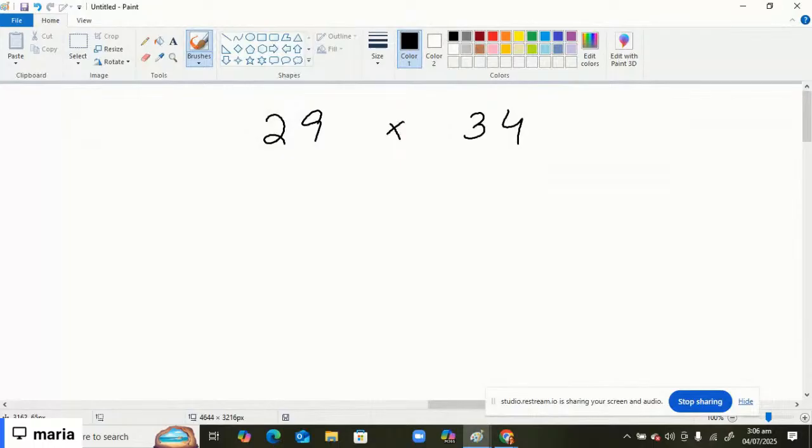Everyone tell me, can 29 be rounded up or rounded down? We are checking the first digit, that is 9, so this is greater than 5, so this can be rounded up. When rounding up, this can be changed into 30. Okay, and now when we see this one, this first digit is 4, so that is less than 5, so we can round down, so this can be rounded down to 30.